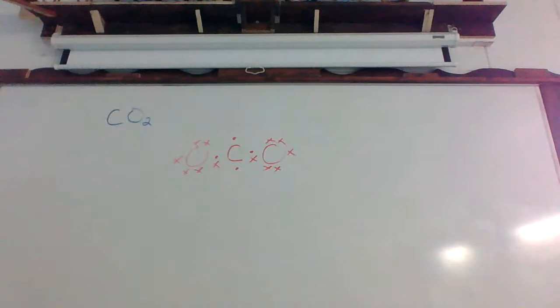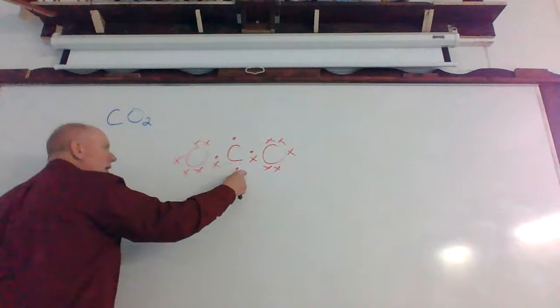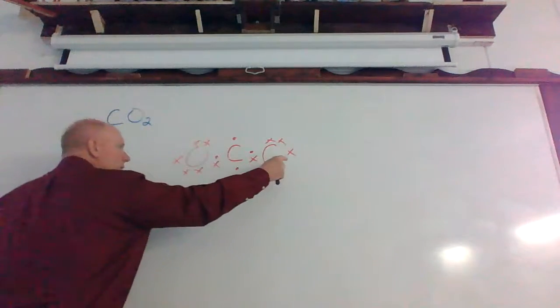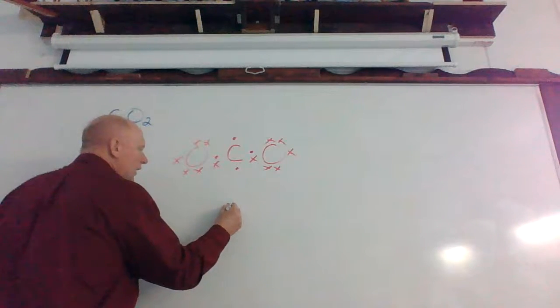Now, the indication that would say that is, notice when you have your electrons split like this, and these guys are by themselves. So a single bond's not working.